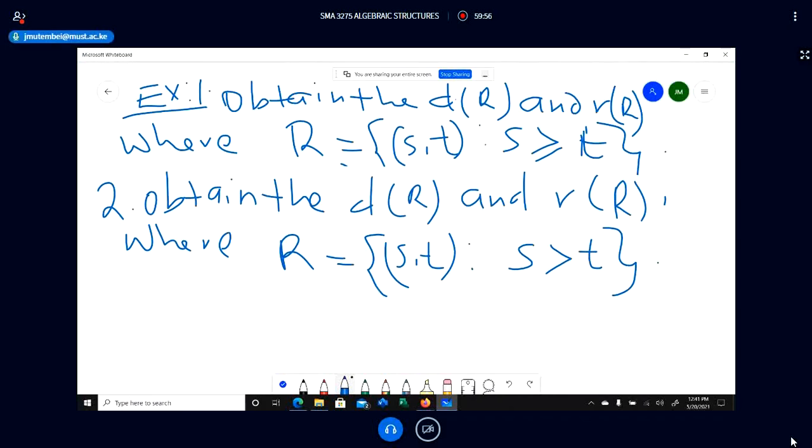Now I want to say something concerning a composite map. Because I will give an assignment, I'll post the assignment on the LMS for you to work on.